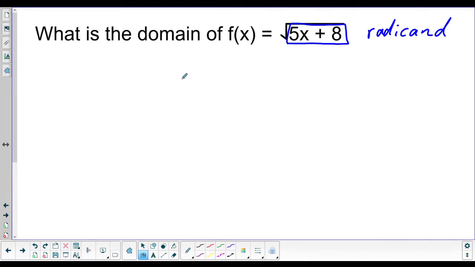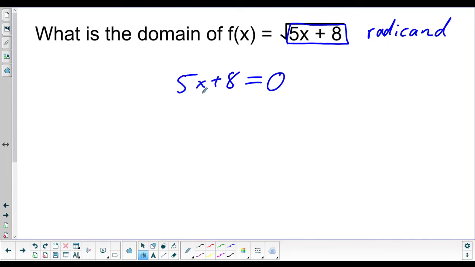So we're going to take the inside of the square root, 5x plus 8. And it has to be positive or 0. So if it's positive, all right, let's talk about the is 0. Is 0 means equals 0. If it's positive, is it bigger than 0 or smaller than 0? Bigger.